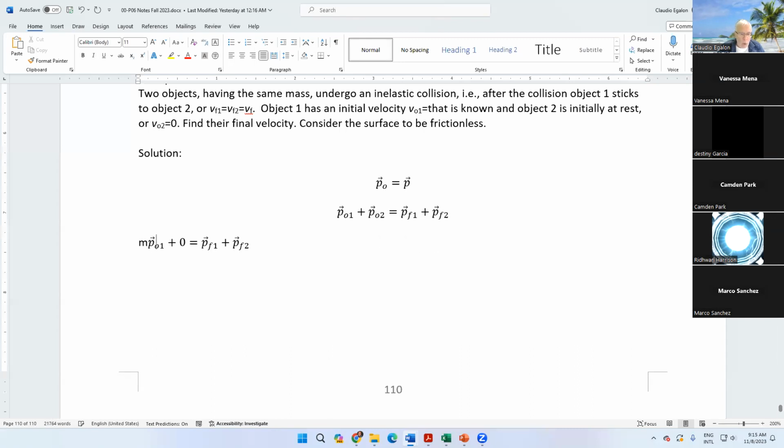We already know that the initial velocity of object number one is V naught one, so P naught is going to be like that. We also know the final momentum of object number one is going to be something like that. The masses are the same.